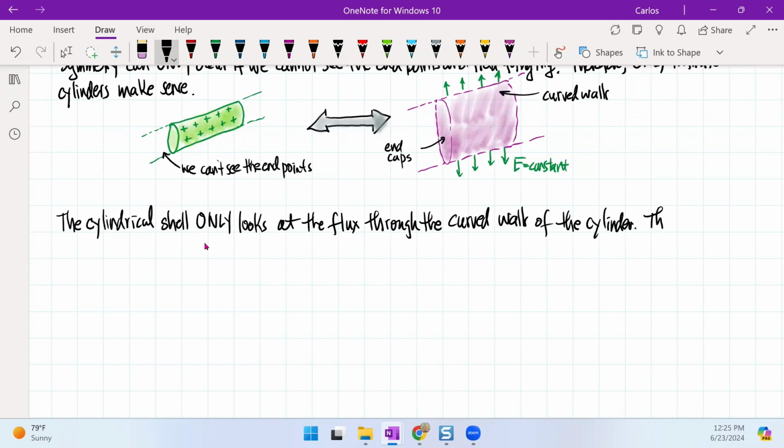So the flux integral reads like this. So I have a flux.